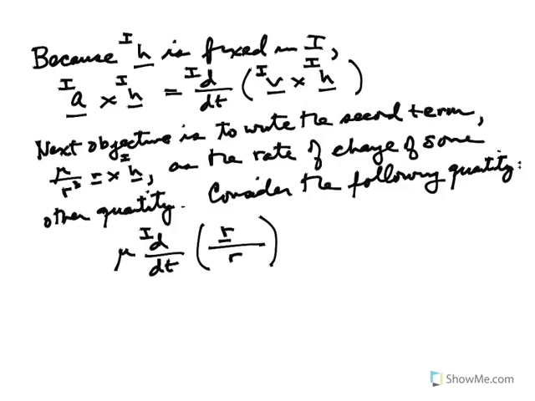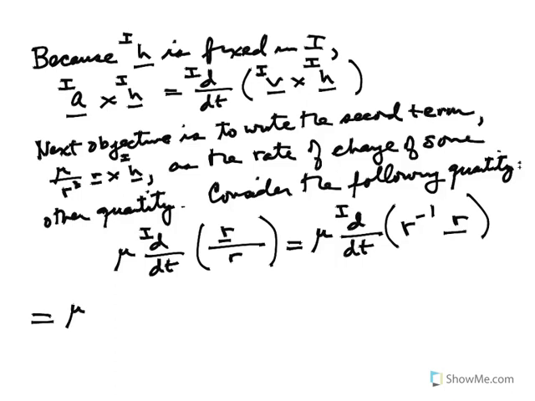This is actually equal to mu times the rate of change in I of the inverse of the radius times the position. That's in turn equal to mu times, now we have to take a product, minus r to the minus 2 times r dot times the position plus r to the minus 1 times the inertial velocity. Again, I just used the product rule for differentiation.